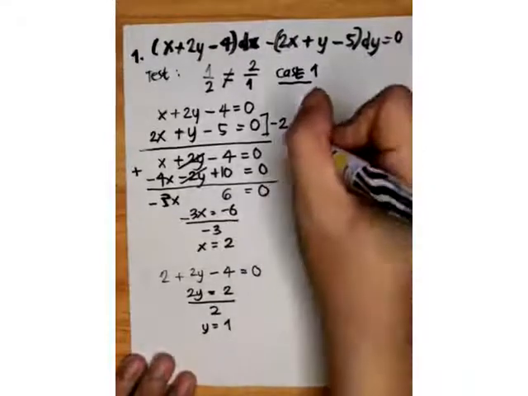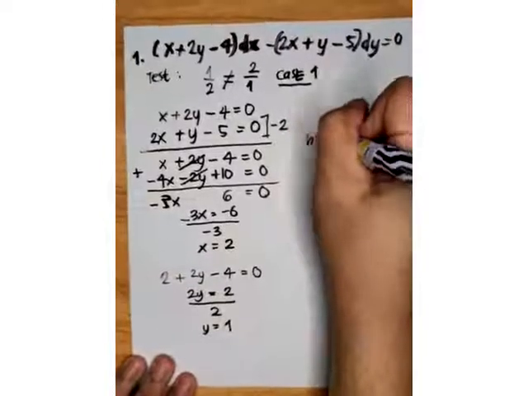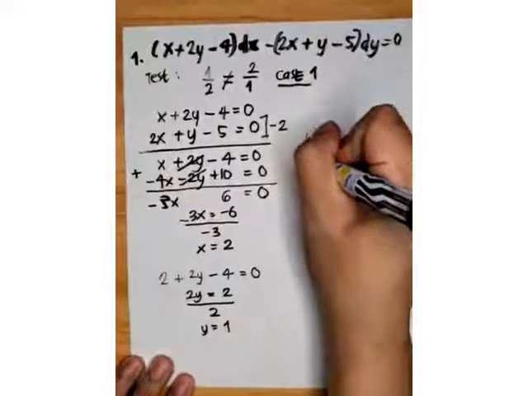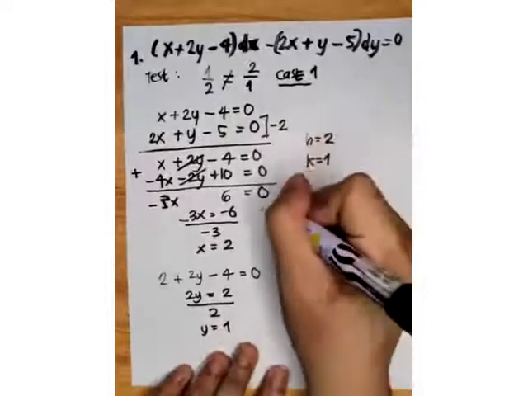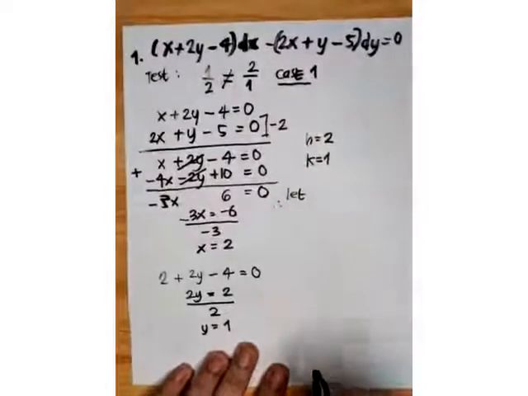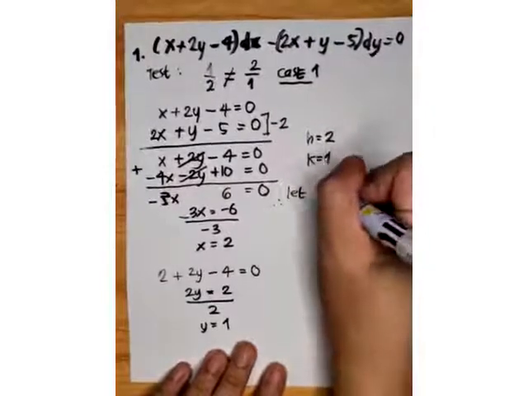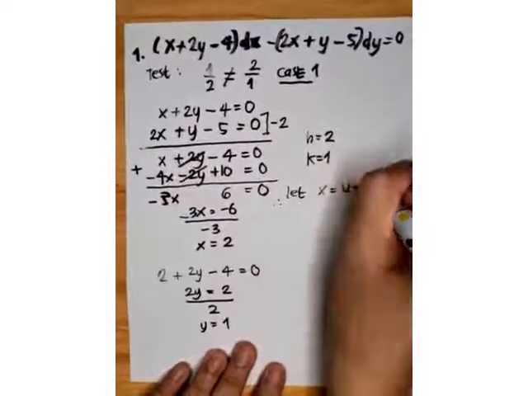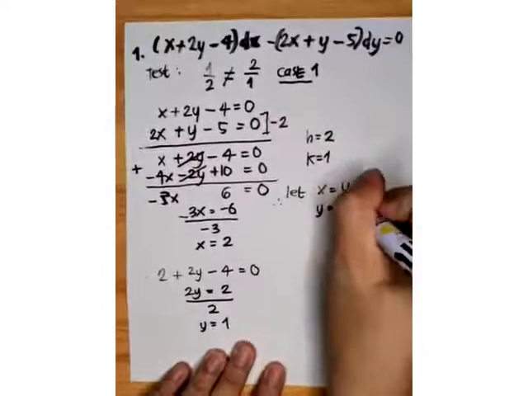Okay, so ang h natin ay 2 at ang k natin ay 1. So therefore, we let x is equal to u plus 2 and y is equal to v plus 1.